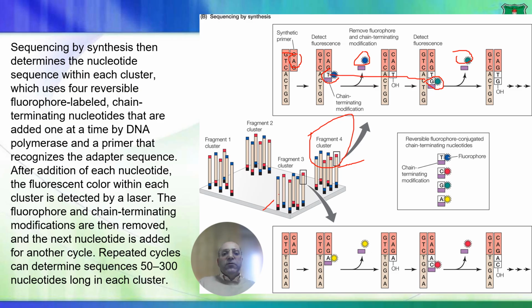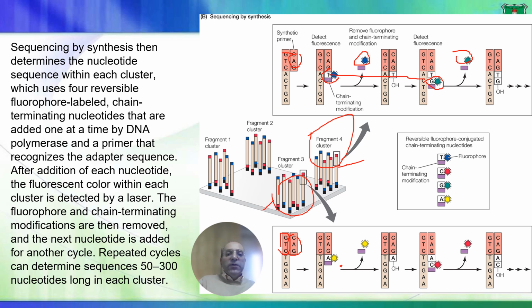Now let's look at the other cluster right here. It's the same adapter and it binds to the same DNA fragment on the solid surface. We add the DNA polymerase and the nucleotides. They're all added to the same solid surface.